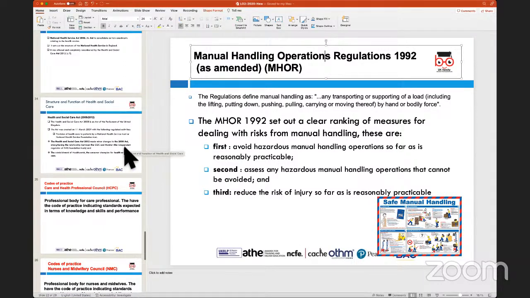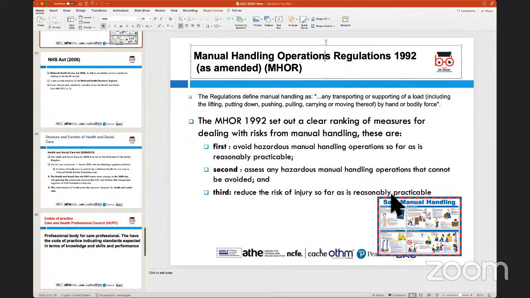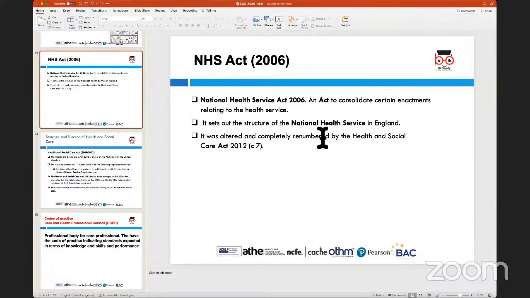Now, in addition to this, you would also look at the NHS Act of 2006, when it was introduced, primarily to set out a framework of how health and social care services in England in particular would be provided.